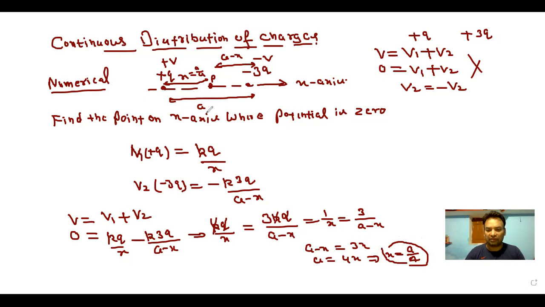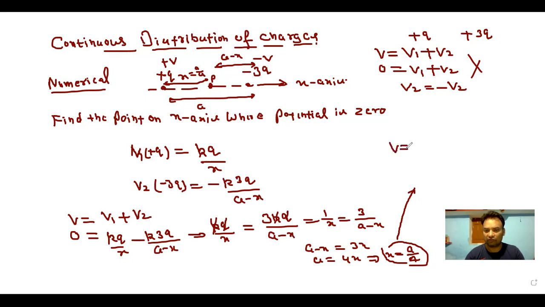Now this A by 4 will be towards the smaller charge. Where will this A by 4 be? It will be towards the smaller charge. How?